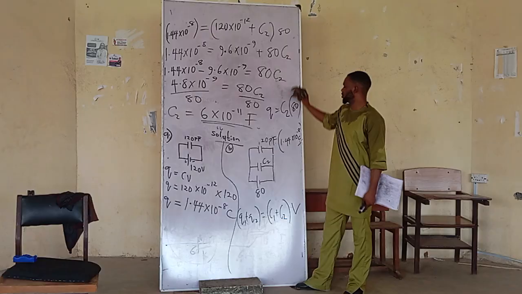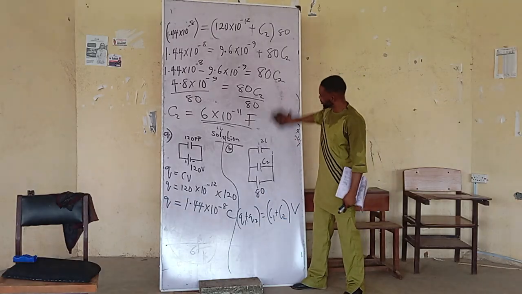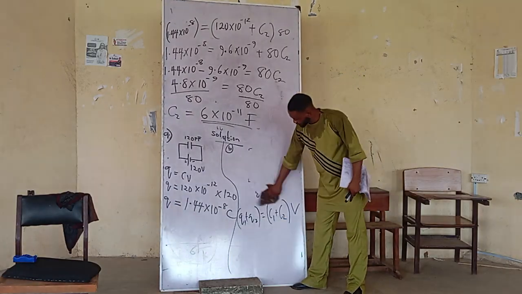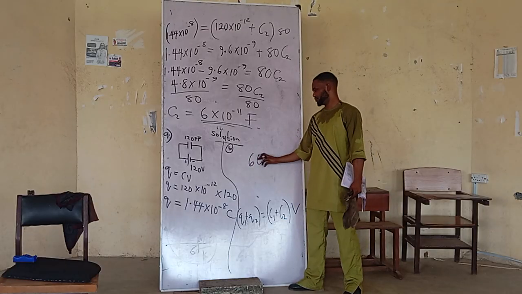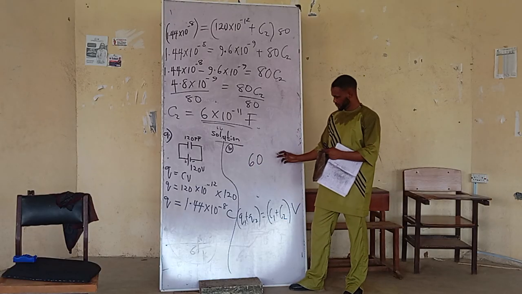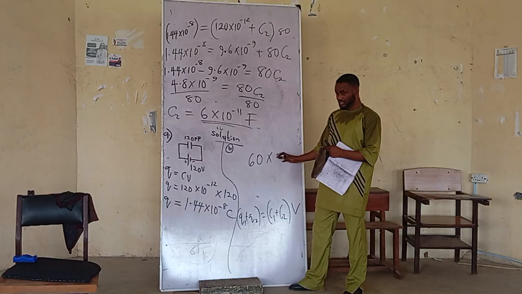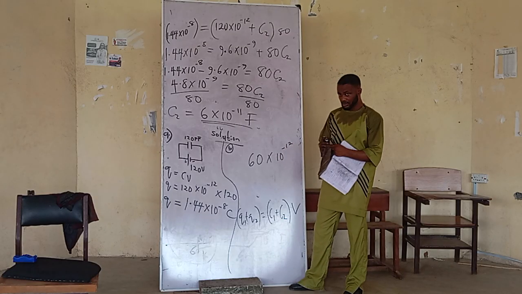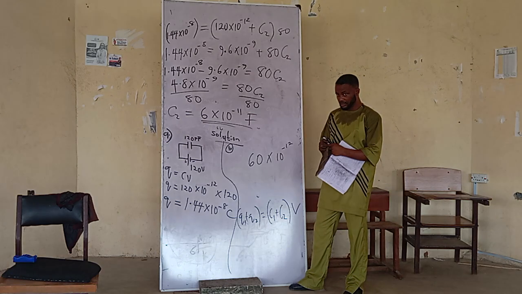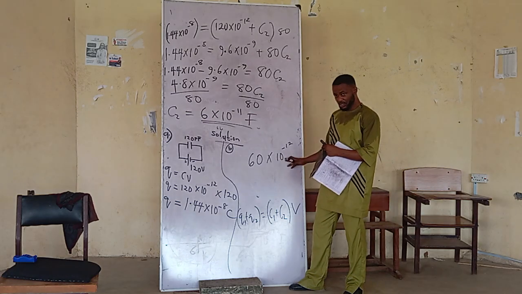Do something for me. Let's check something. This is 6, times picofarad is what? This is pico.